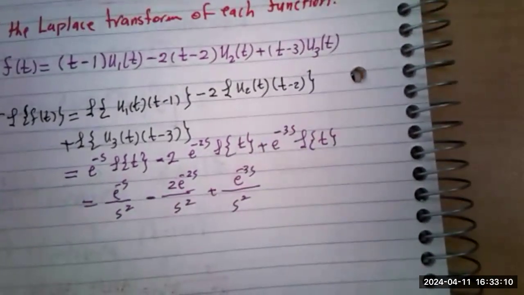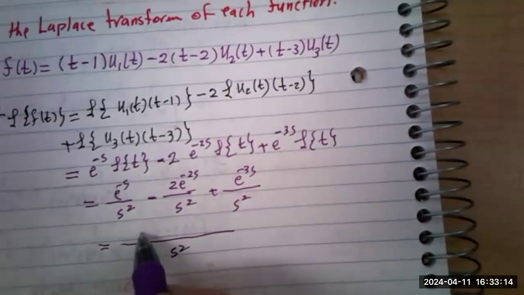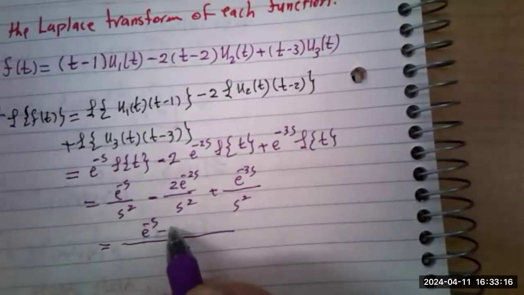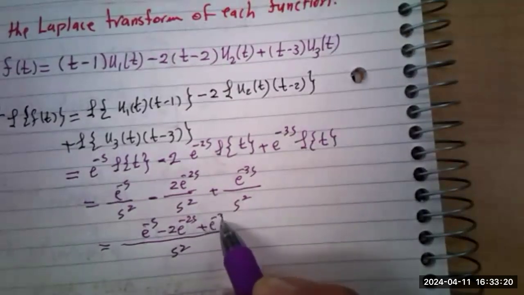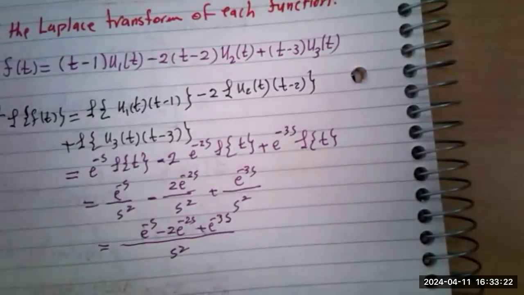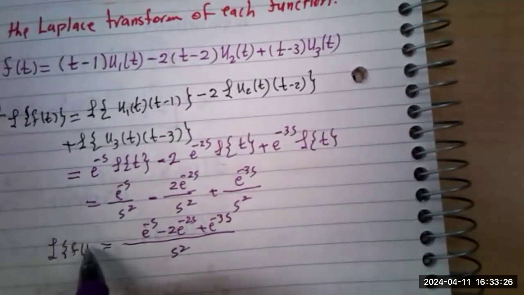Since all the denominators are the same, you better write it down as s squared. The top would be e to the negative s minus 2e to the negative 2s plus e to the negative 3s. That's it. So that would be the Laplace of f of t.